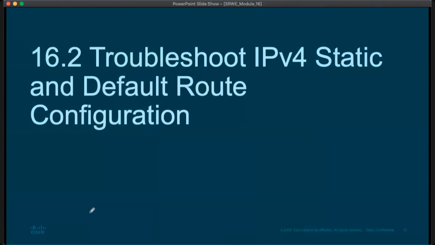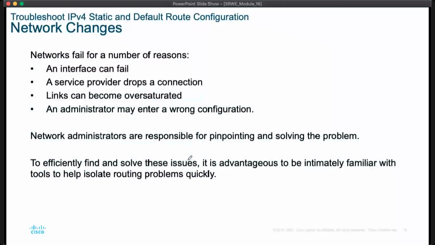Troubleshoot IPv4 static and default route configuration. Network changes. Networks fail for a number of reasons. An interface can fail. A service provider drops a connection, and links can become oversaturated.